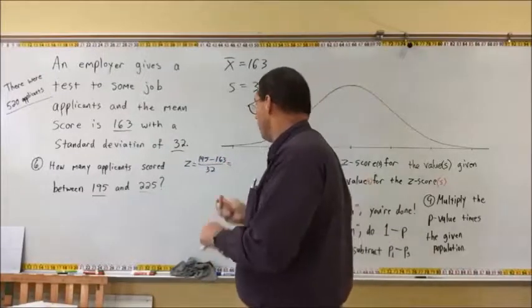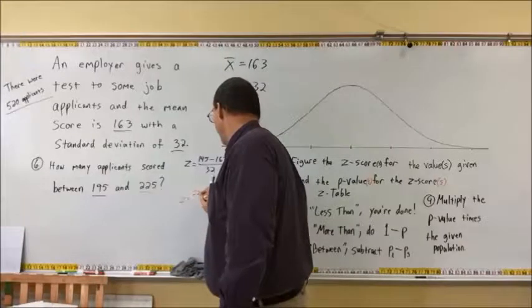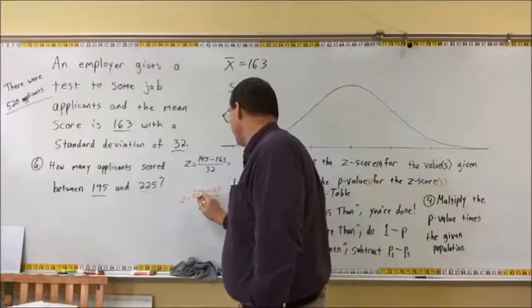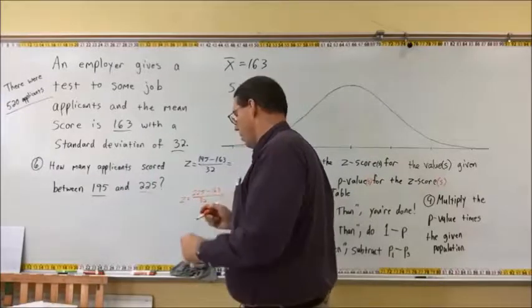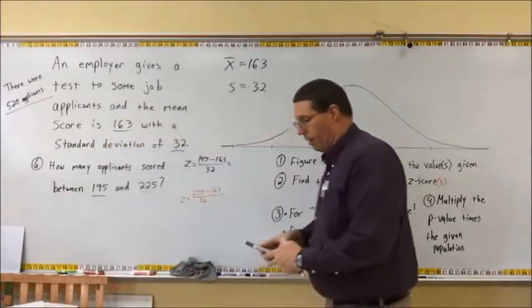The z-score for 225 is 225 minus the mean, 163, divided by the standard deviation, 32. We want a calculator for both of these.